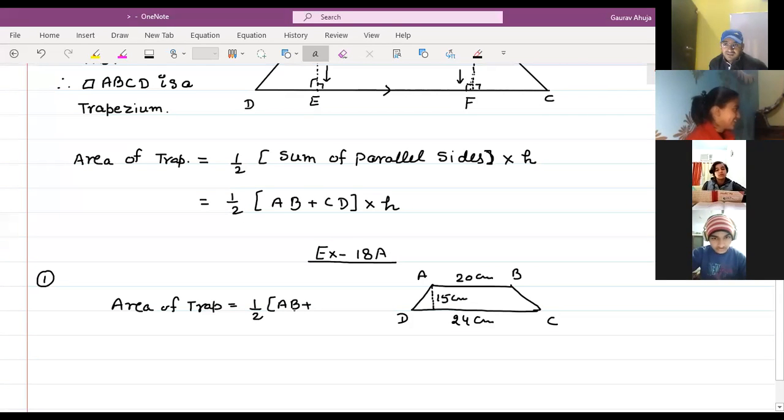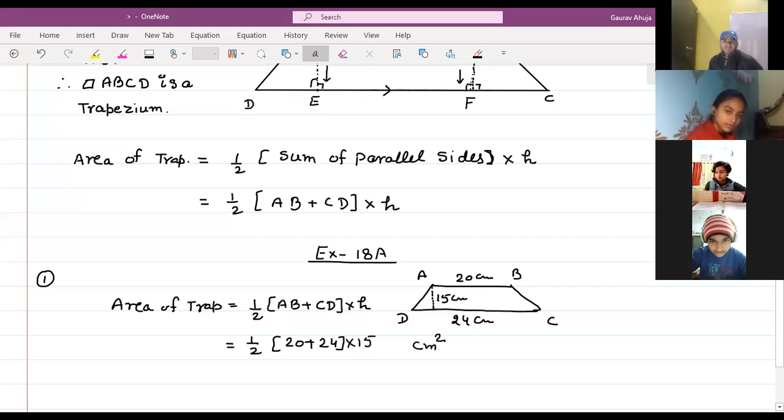So we can write half of (AB plus DC) into height. Half sum of parallel sides, 20 plus 24, into height. Height is 15. From there we'll get the area in centimeter square. Now the calculation part is on your side. You have to solve it yourself.